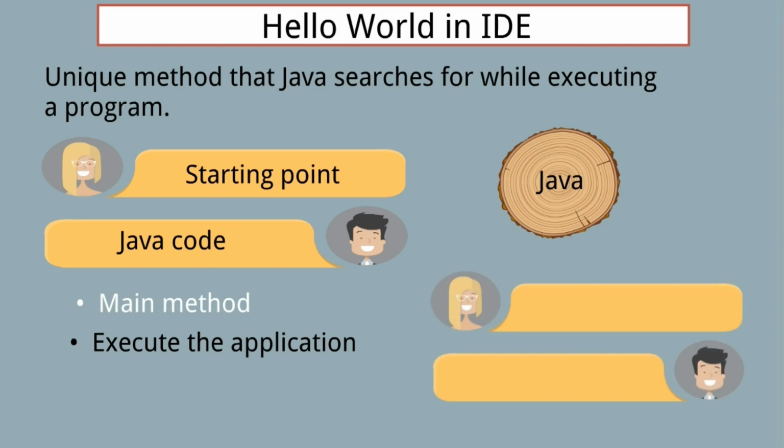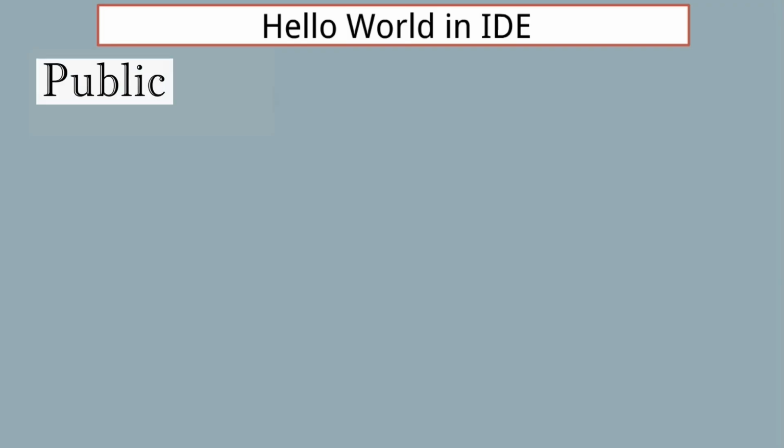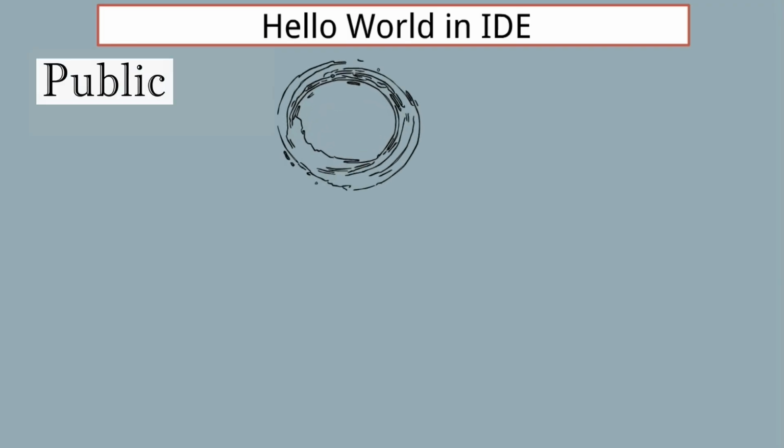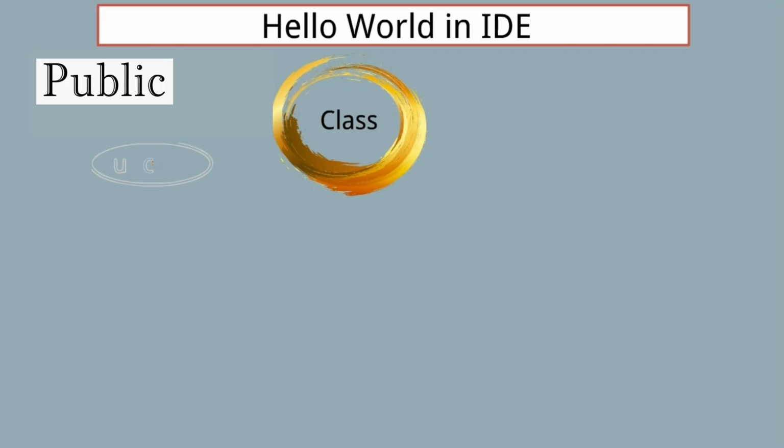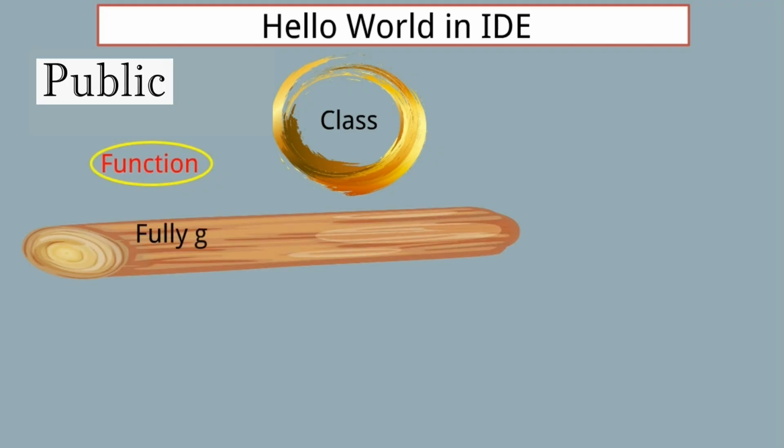All right, let's discuss the method and the keywords preceding the method name main. The first keyword is public, which we already covered when defining the class. It allows other code to access this function. To fully understand the Java keyword static, you need familiarity with other object-oriented concepts.